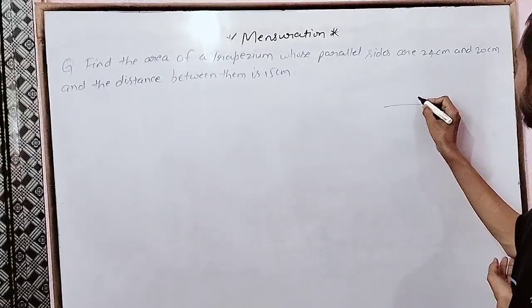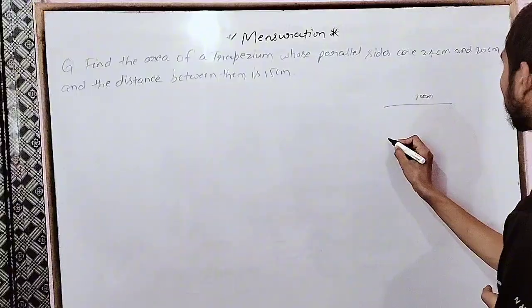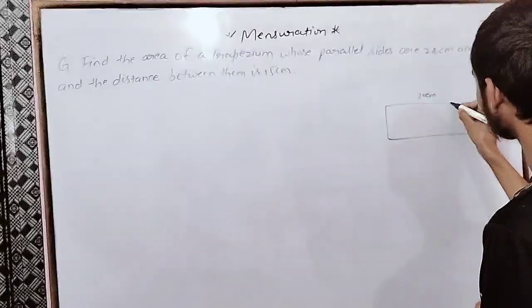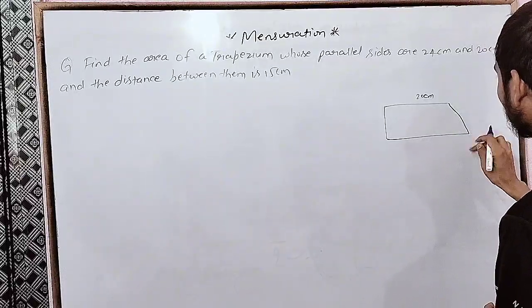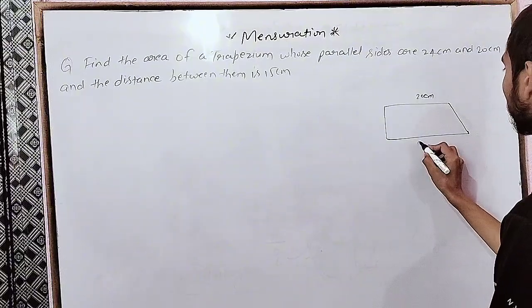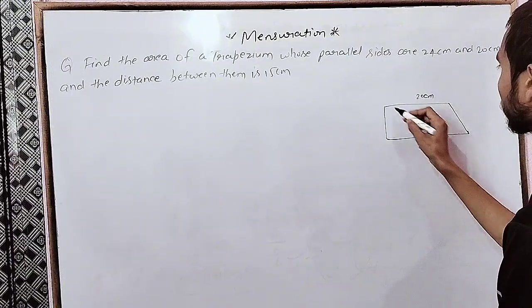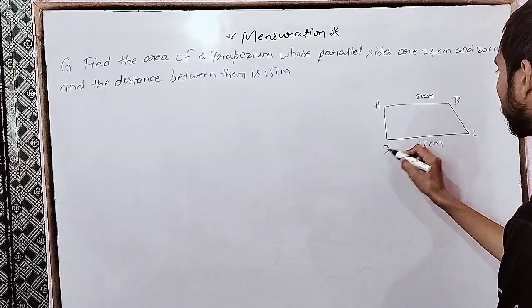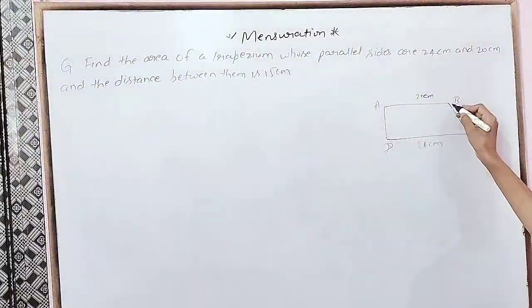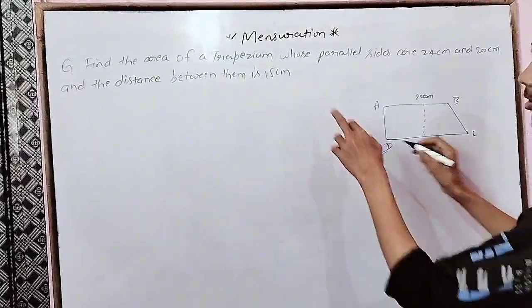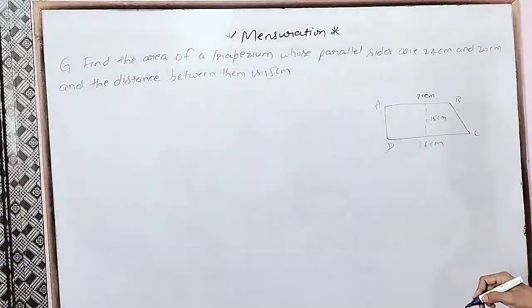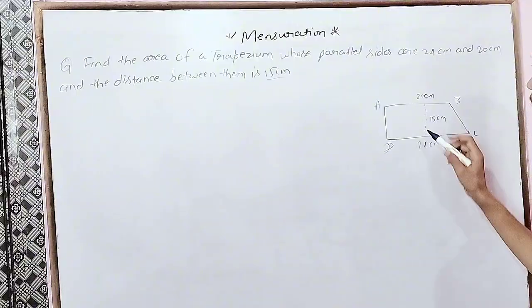One side is 20 centimeters and the second is 24 centimeters. A, B, C, D. Here, the distance between them is 15 centimeters.